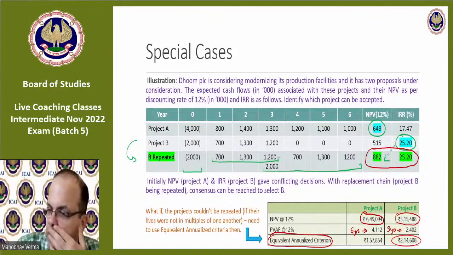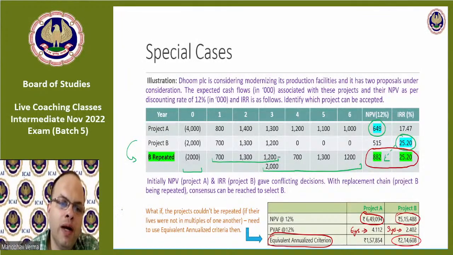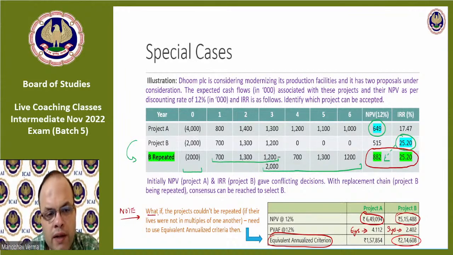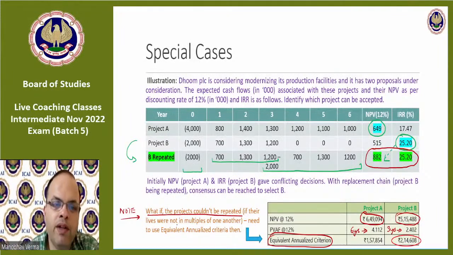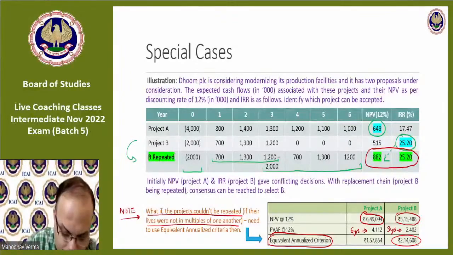Pooja has a question. Pooja says, what if one project is of 5 years and one is 2 years? So Pooja, look at this statement here. What if the projects could be repeated? If the lives were not in multiples of one another, you follow the equivalent annualized criteria.